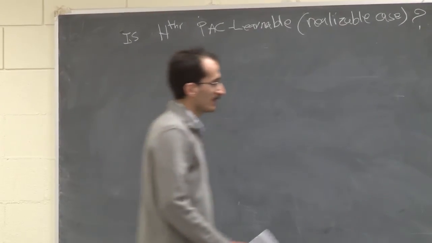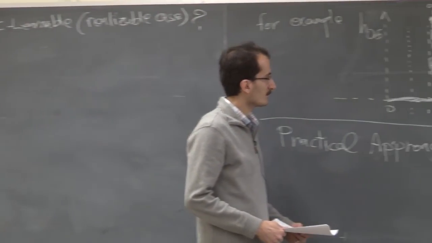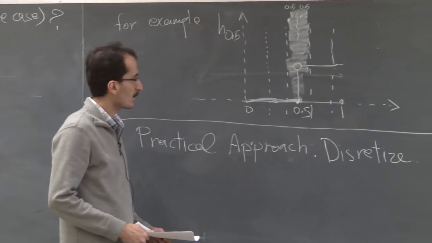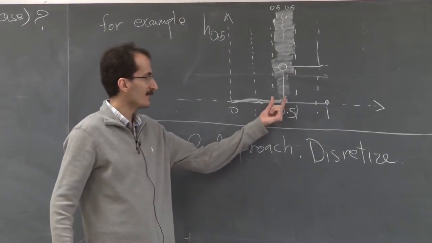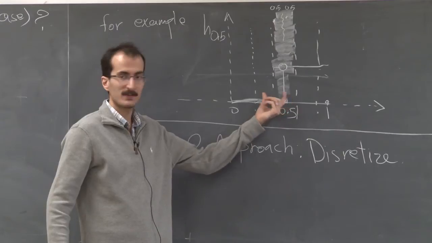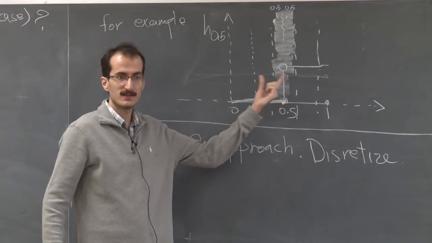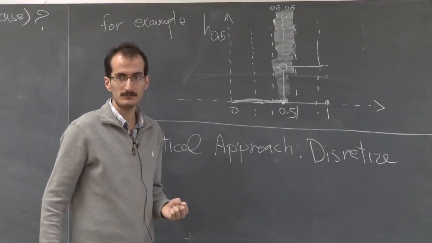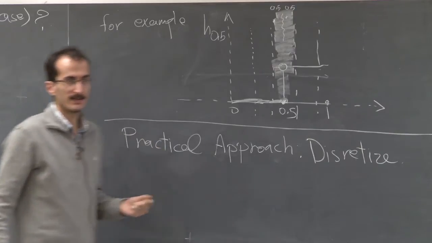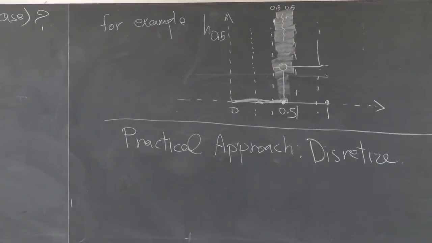If you carefully look at it, this one failed when we had a huge probability mass beside the decision boundary. And this could be a clue.